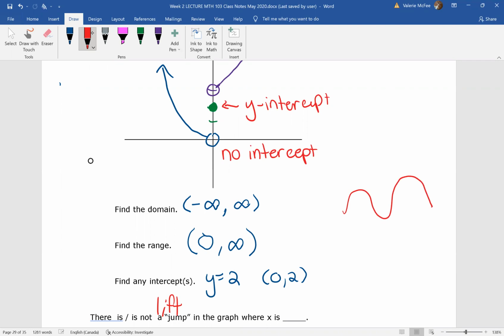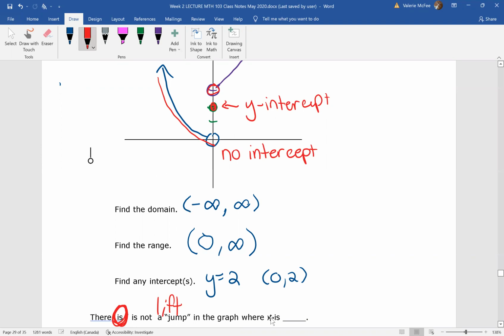When I'm graphing this one, you can quite clearly see that I've come down to 0, had to lift my pencil, and then had to lift it again. So that tells me that there is a jump in the graph.